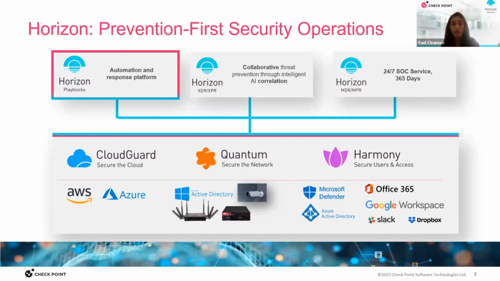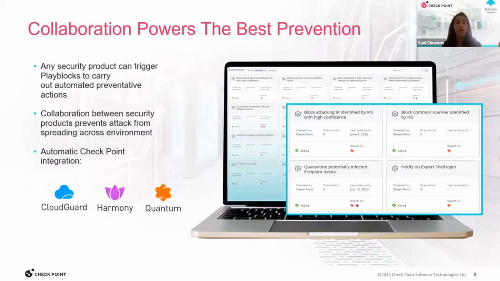But just to get a bit more in depth about the details of Horizon Playblocks, you can see that currently we include all these out-of-the-box playbooks that are connected with Checkpoint products, and you just need as a user to activate those.